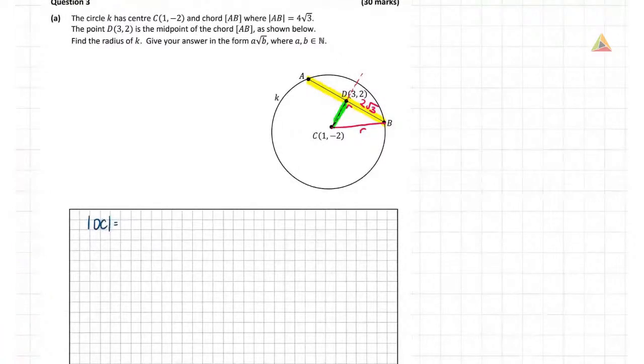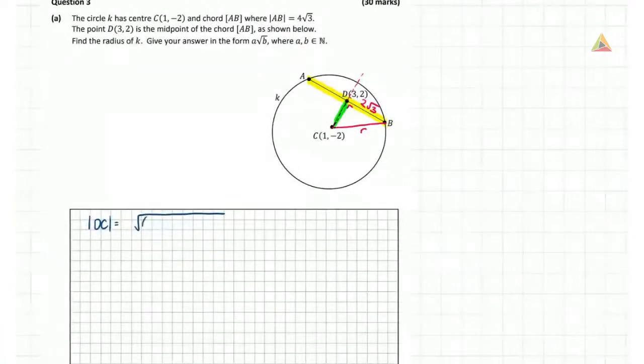We're going to use our distance formula from page 18 of the log tables. The 2 points we're using are C and D, so the center 1, minus 2 and the point D there 3, 2.